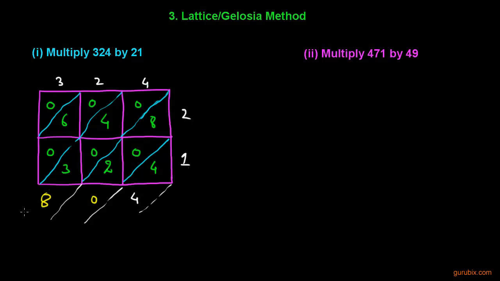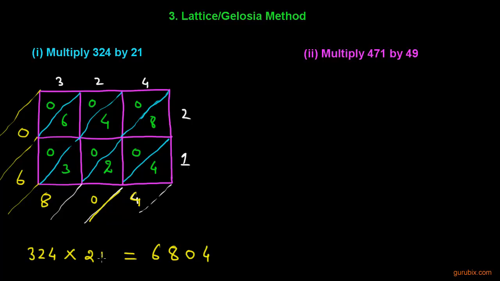We shall write 8 here. And here we have just 6. So we shall write 6 here. And in this diagonal, we have 0. So we just have the number, and that is 6804. So the multiplication of 324 by 21 is 6804. So this method is called lattice method or Gelosia method or diagonal method.